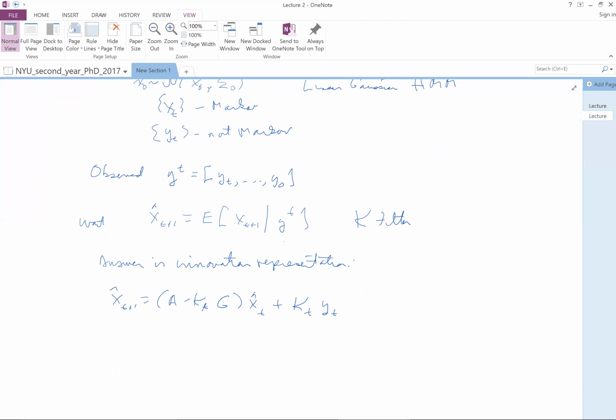This is a recursive formula starting with x0 hat given.